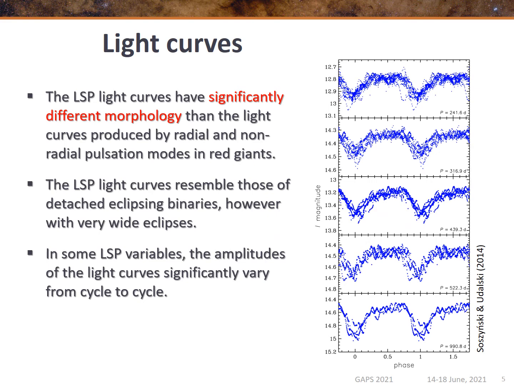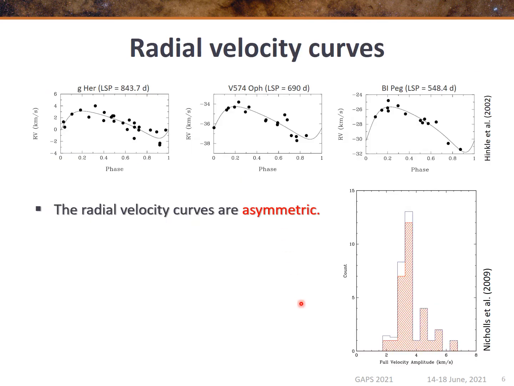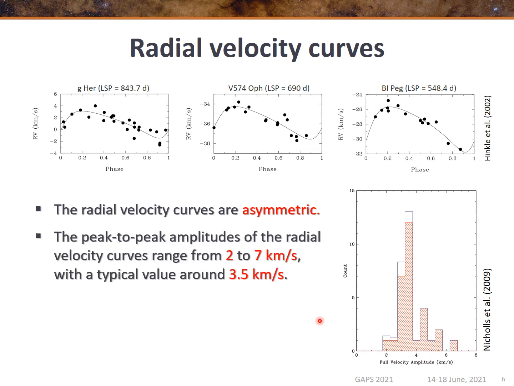The light curves of LSP variables have a characteristic morphology different from light curves produced by radial and non-radial pulsations in red giant stars. The LSP light curves resemble those of eclipsing binaries, however with very wide eclipses. The radial velocity curves of LSP variables are usually asymmetric, non-sinusoidal.